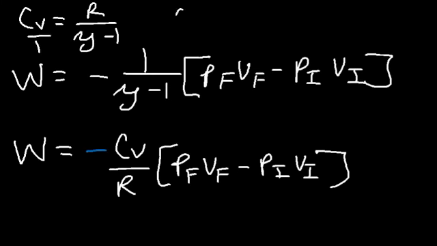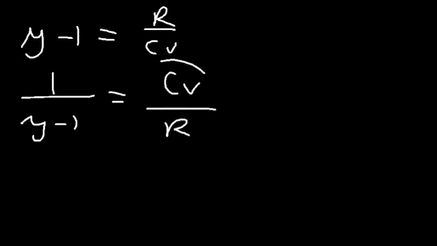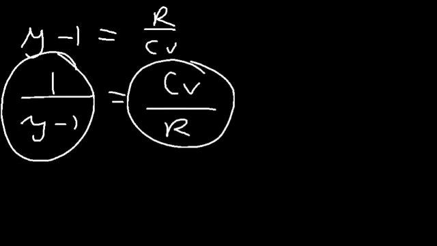If you cross multiply, Cv times gamma minus 1 is equal to R. And if you divide both sides by Cv, gamma minus 1 is R over Cv. Therefore, 1 over gamma minus 1 is Cv over R. So you replace this with 1 over gamma minus 1, and that's how you get the other equation.